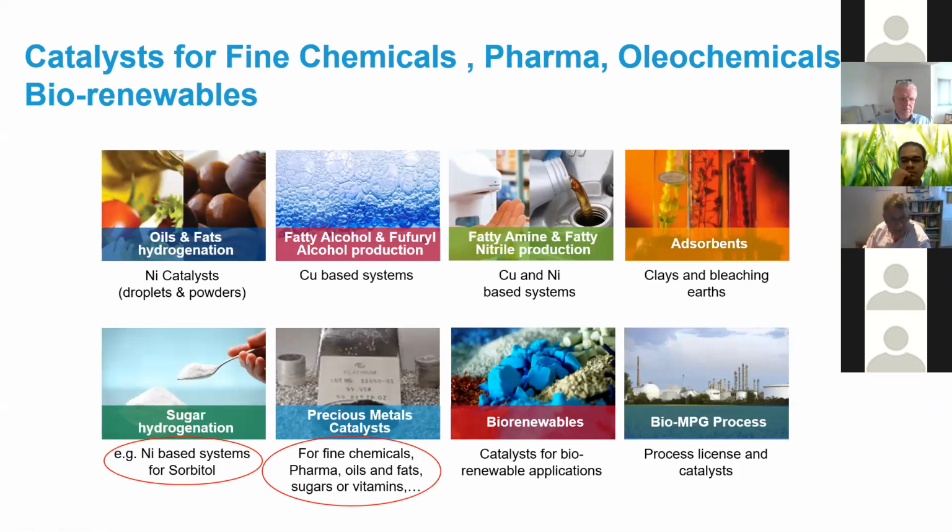The pharmaceutical industry has changed a lot and makes its drugs in quite a different way these days. There are still some drugs that use this kind of multi-stage chemical synthesis, but the flavor and fragrance industry is another good example of where powder catalysts might be used, and of course oleochemicals as well.